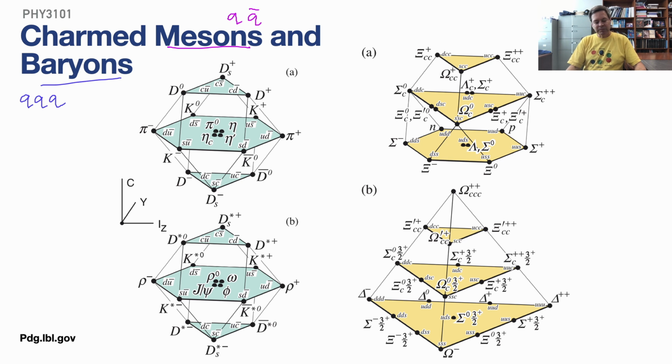And let's start, say, from the right side with the baryons. And let me focus your attention to the bottom plane of this three-dimensional figure. That bottom plane, notice there's the neutron, the proton, the sigma baryons, and the Xc baryons, right?